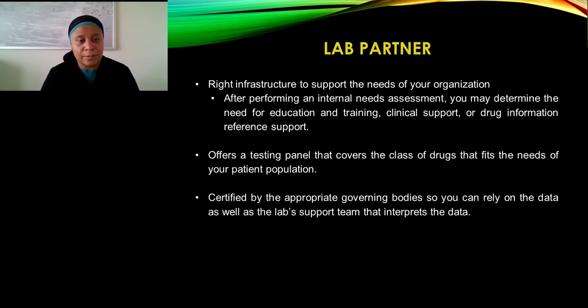And then their genetic expert can serve as the clinical support and drug information. But then we meet other providers that are ready to get into this space, but they don't have that infrastructure. So in looking for a lab, it will be important to understand your internal needs assessment and see if those labs could be a partner to offer you education, training, clinical support, and drug reference support.